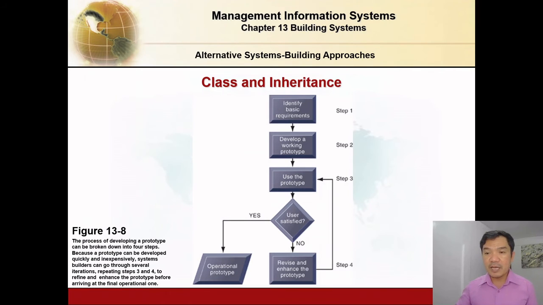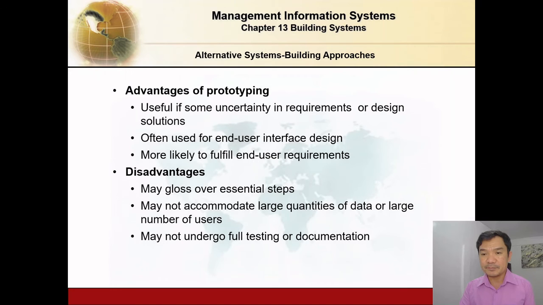I'll skip that one, but this is the idea of the object-oriented system. So what's the advantage of prototyping? It is useful if there is some uncertainty in requirements or design solution, it is often used for end-user interface design, and it is more likely to fulfill end-user requirements.